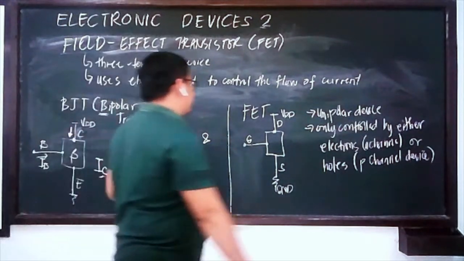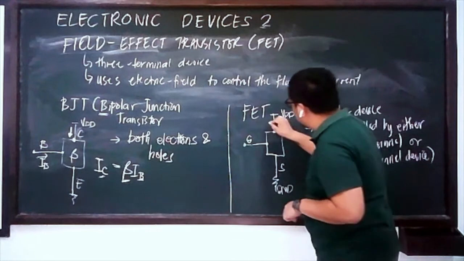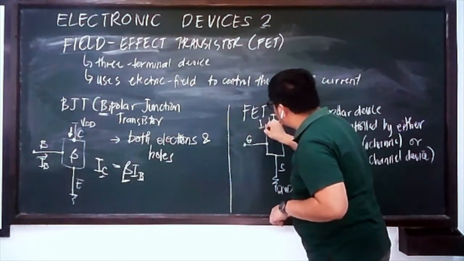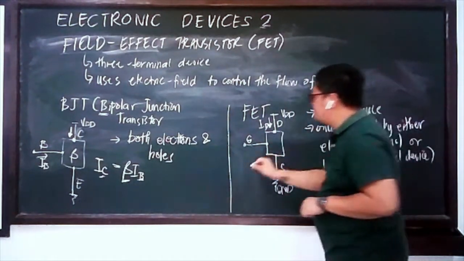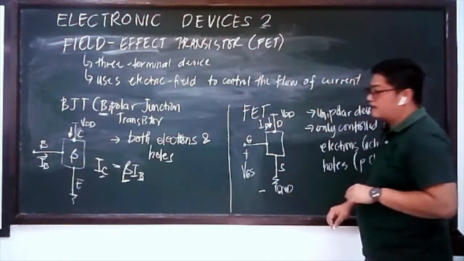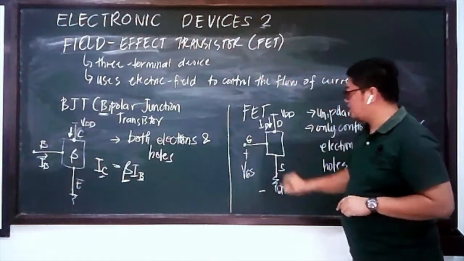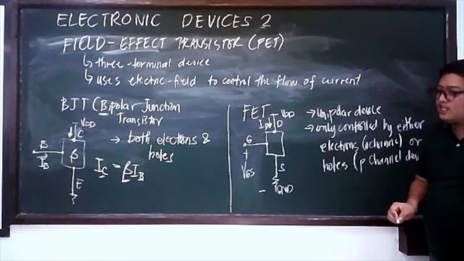Whereas for your FET, the current that flows to your drain is mainly controlled by the field effect, or the voltage VGS, from your gate to your source. Later I will discuss what VGS is.